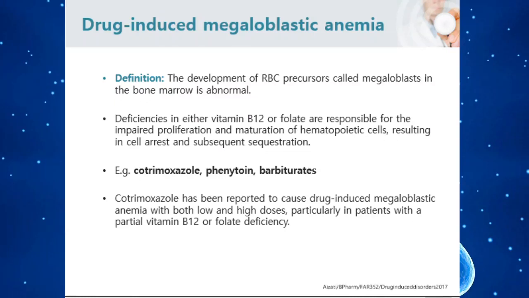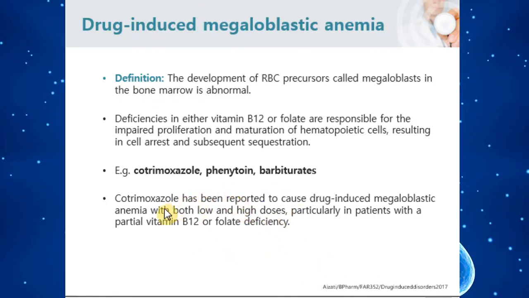Deficiencies in either vitamin B12 or folate are usually responsible for the impaired proliferation or maturation of the hematopoietic cells, and it results in low production of RBC. Some drugs might also have the same effect. Clotrimazole, for example, has been reported to cause drug-induced megaloblastic anemia with low or high doses, particularly in patients with partial vitamin B12 or folate deficiency.